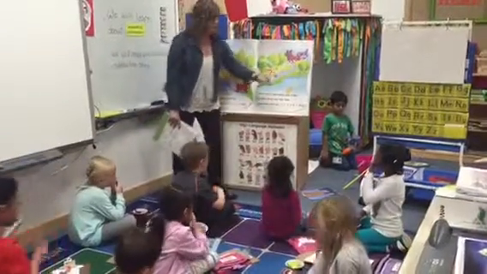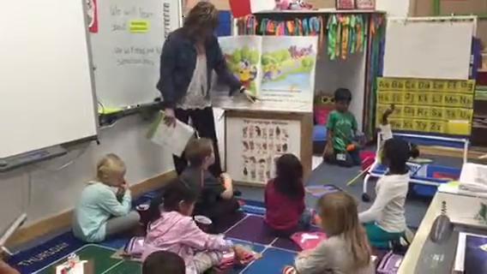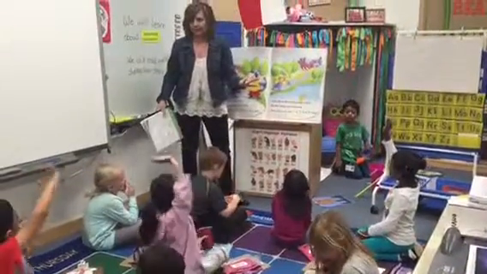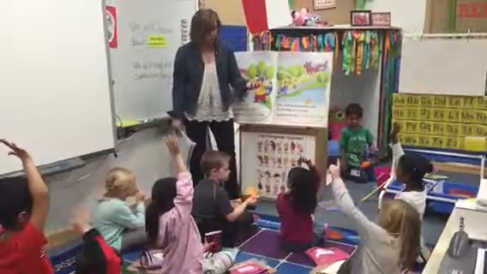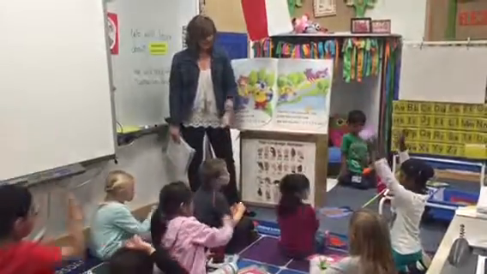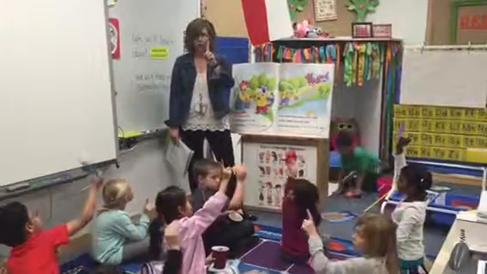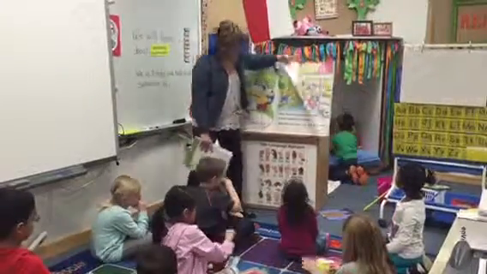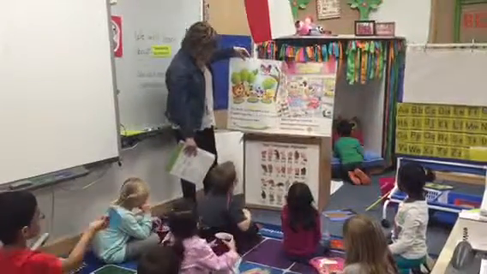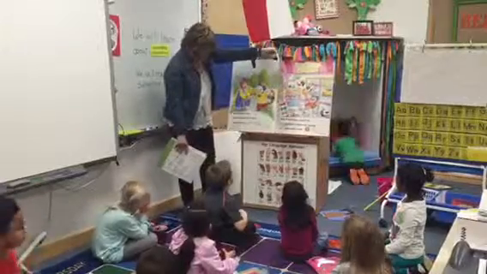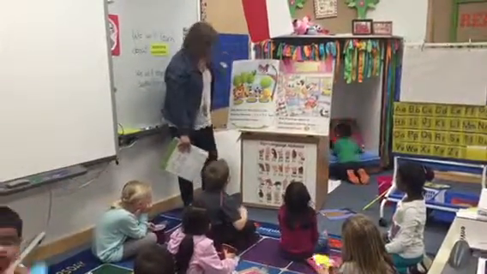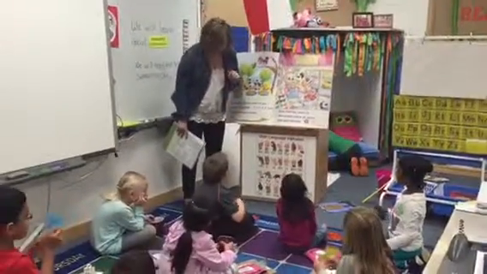And it falls deep into the water. Now Zach only has how many fish left? How many? Show me with a finger. How many do we have? 1. Very good. So how many fish do we have left? 1.